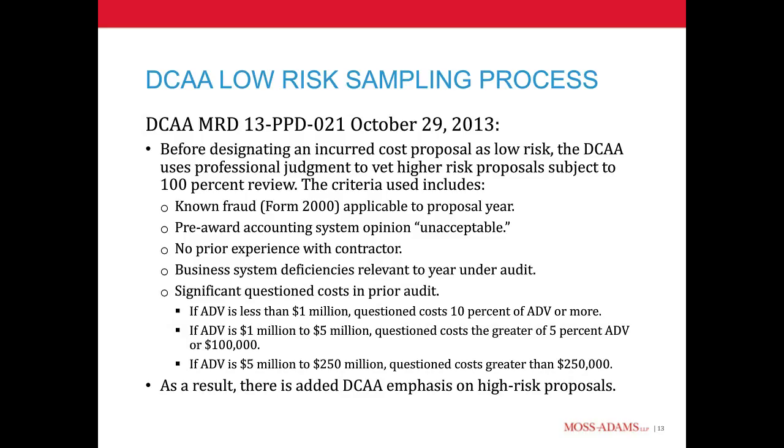If there's a pre-award accounting system opinion of unacceptable, or no prior experience with the contractor, or business system deficiencies, or significant questioned costs in a prior year audit, then that contractor is not going to fall into that low-risk category, and there's a much higher likelihood that DCAA will audit that incurred cost submission.